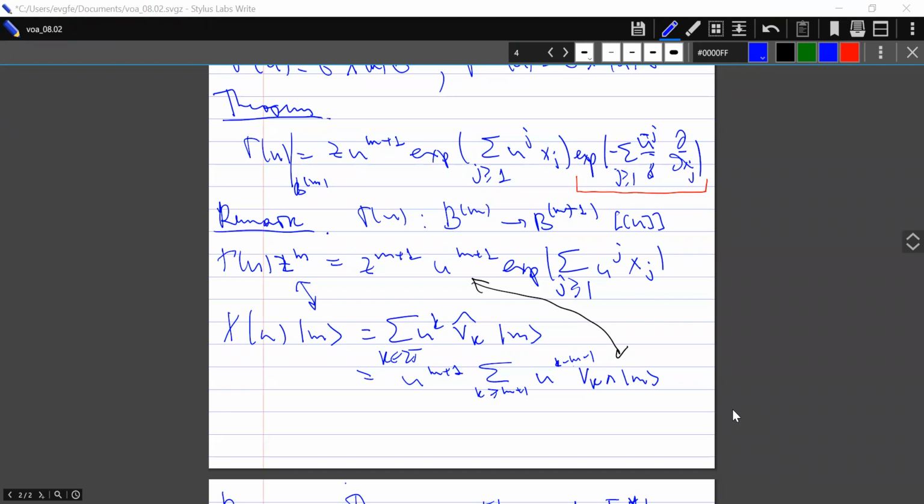Then I wanted to ask about maybe a hint for homework, because I get how to prove that this expression satisfies all those commutation relations we discussed last time. But then it still doesn't prove that it's the exact action of gamma of u on B_m.